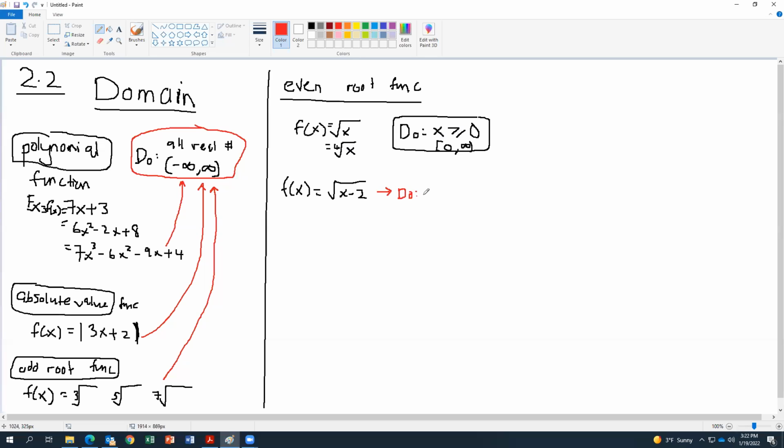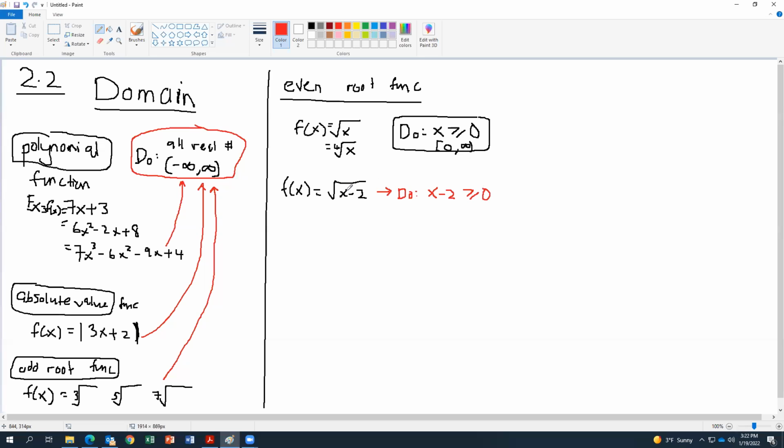In order to figure out the domain, you take what is under the root, in this case x minus 2, and you always make it greater than or equal to 0. The reason why we make it greater than or equal to 0 is because a square root cannot be negative. Because if you have a negative square root, it is complex, which is an i in this case.